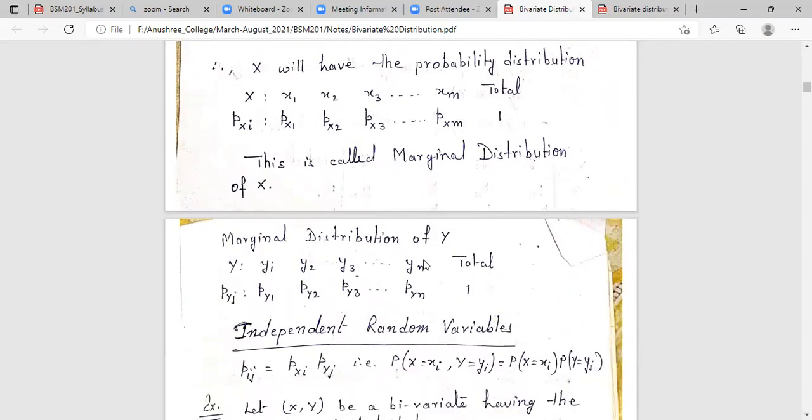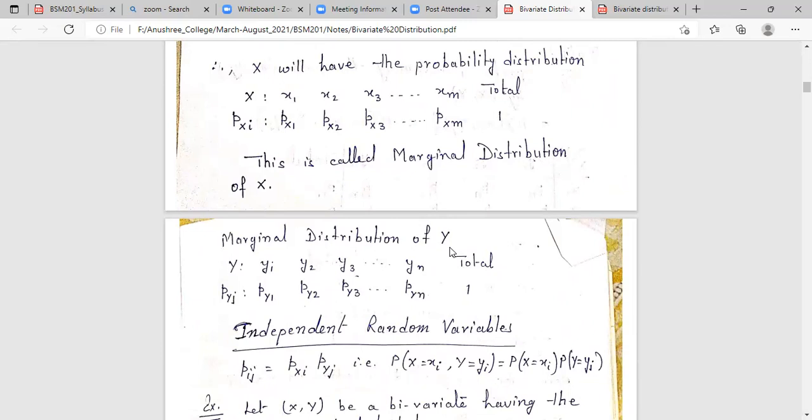Similarly, if we write the values of the random variable y, and horizontally the total sum of the P(yj)'s, that will give us the marginal distribution of y. So in this way, we can write the bivariate probability distribution and the marginal distributions of x and y from the bivariate probability distribution given to us.